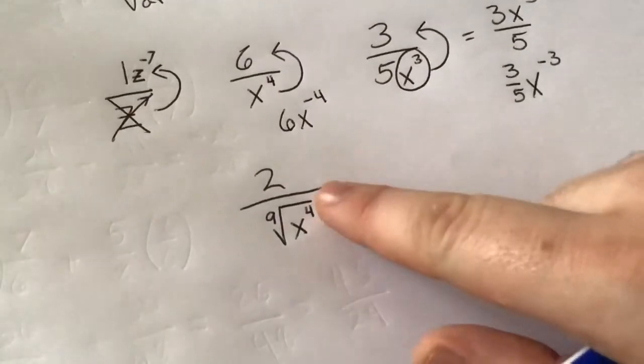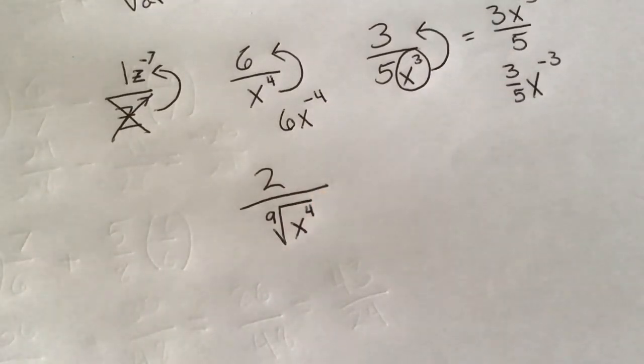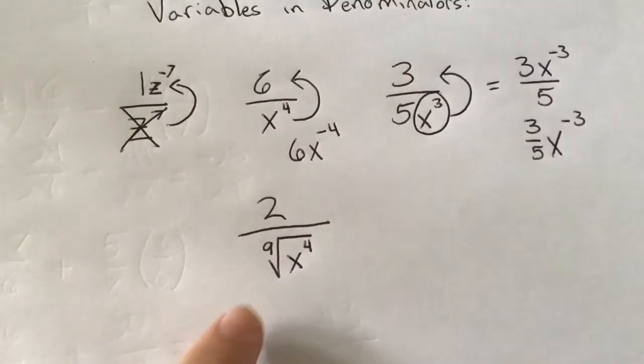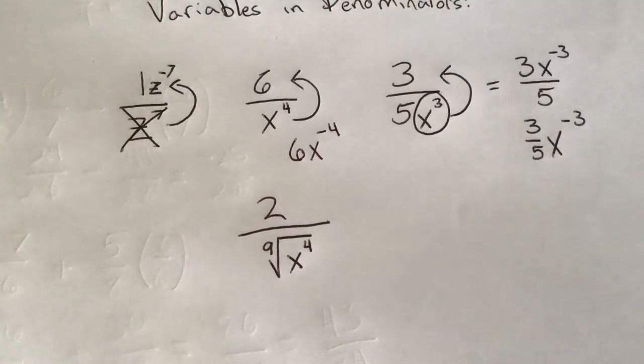Finally, we have a problem like this, where instead of just having a variable in the denominator, we have a whole radical and all that mess, right? If we simplify or change the form of something like this, my recommendation is that we go ahead and simplify the radical into a fractional exponent first.